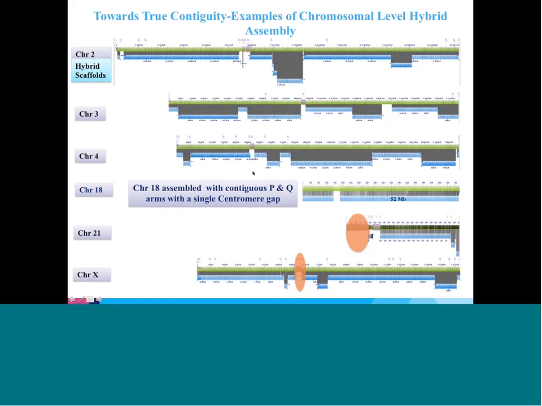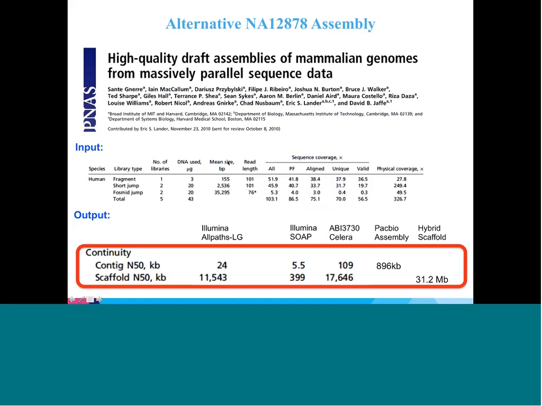Of course, when we're looking at assembly, one very useful thing to do is to compare it to other assemblies that have been out there. One of the exemplar papers in this space has been from David Jaffe's group, who did an NA12878 assembly using Illumina data in 2010. This data set used a number of high-quality paired end and fosmid libraries.